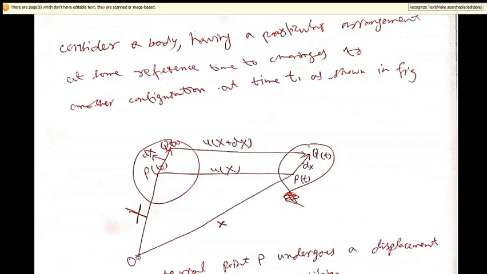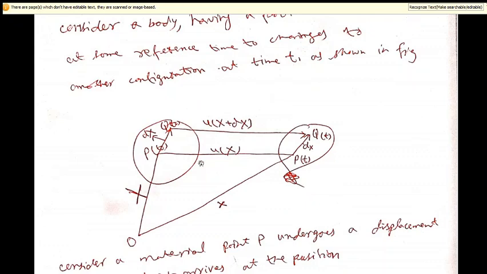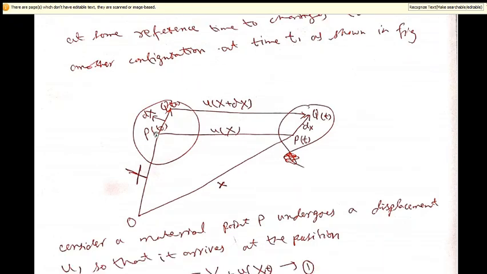Now let us draw the origin here. Consider the point P here. So P of t0, that we are considering here, and here is time t. Consider a material point P that undergoes a displacement u. This is the position of this material point P with respect to the origin. Now this point will change to P of t here.